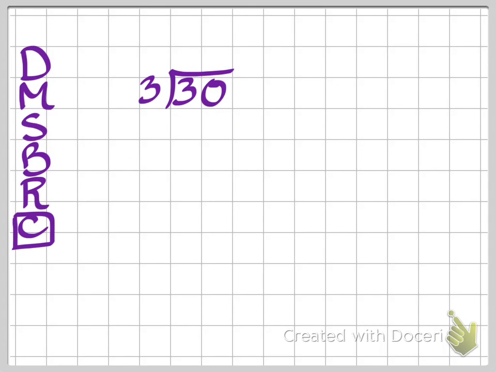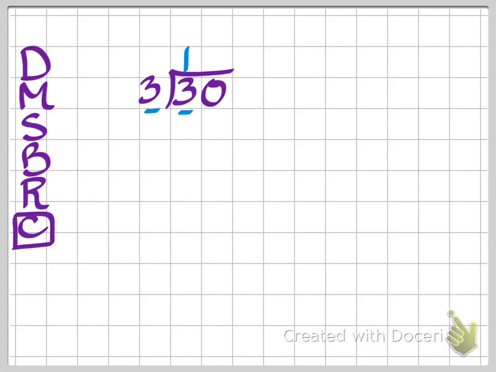And our last practice problem, 30 divided by 3. Does McDonald's Sell Burgers Really Cheesy? Divide, multiply, subtract, bring down, repeat or remainder, and check your work. Pause me and work it out. Okay, so hopefully you've paused me and now you're back to check your work. The first thing you have to do is see how many times does 3 go into 3.